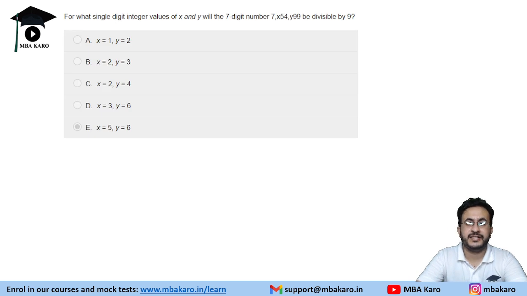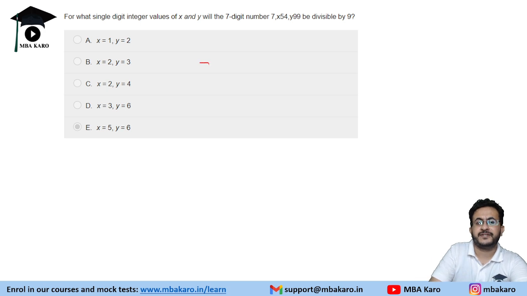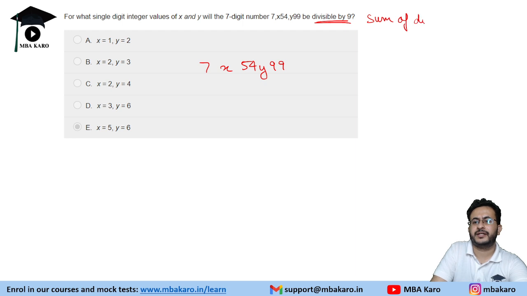For what single digit integer values of x and y will the 7-digit number 7x54y99 be divisible by 9? Okay. So divisible by 9 means sum of digits should be divisible by 9. Now, if you add this, this is 9, 9 plus 18 is 27, 34.